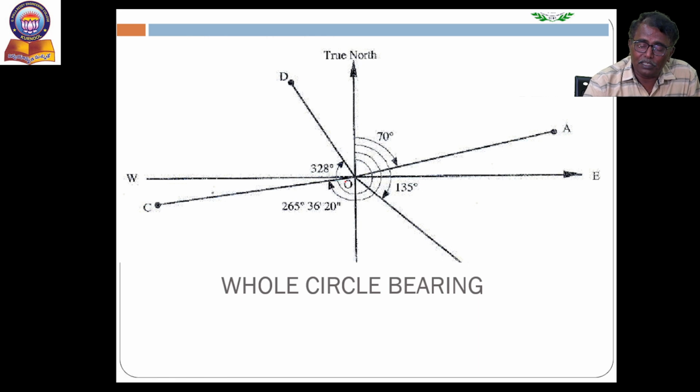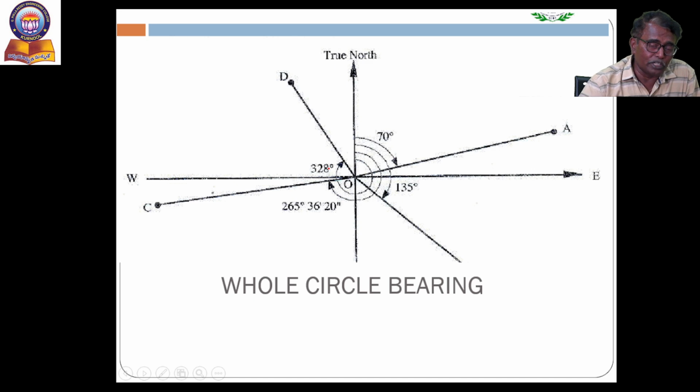The third line OC, lying in the third quadrant, in the range of 180 to 270, is 265 degrees, 36 minutes and 20 seconds, which may be measured more exactly by using another instrument. And the fourth line OD, lying in the fourth quadrant, that is the northwest quadrant, has a bearing of 328 degrees.